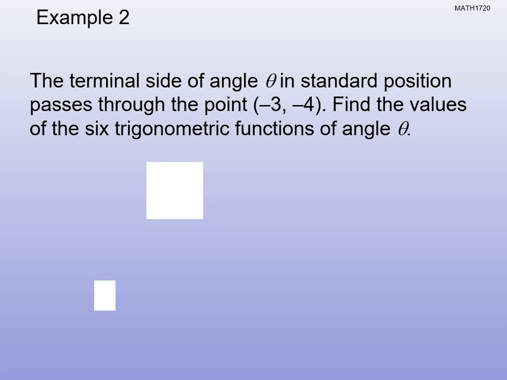So we want to find the value. So it's -3 in the x direction, -4 in the y direction. So we should be in the bottom left-hand corner of the Cartesian coordinate system where our point is. And then we're going to take our perpendicular and go from the point -3, -4 and raise it up to the x-axis.